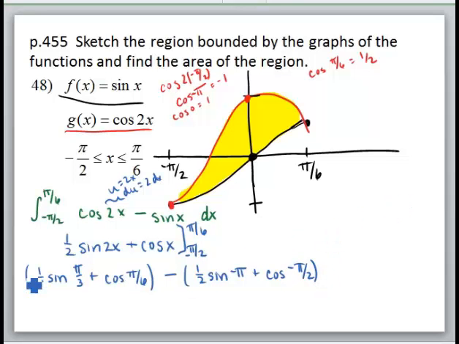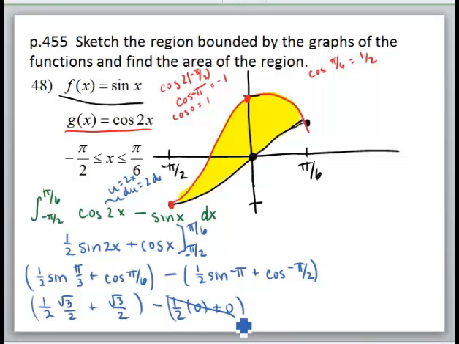Then you just have to go through and think about each one of these. So this is 1/2. The sine of 60 degrees is square root of 3 over 2 plus the cosine here of 30 degrees is square root of 3 over 2, minus, we have 1/2, the sine of negative pi is 0, and then the cosine of negative pi over 2 is 0.